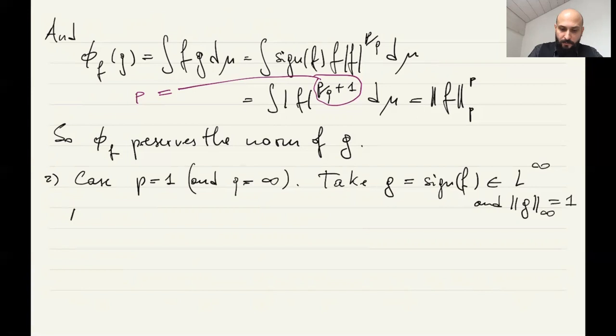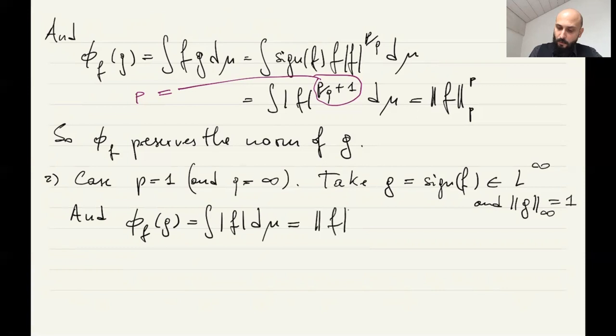What we have for this function is that phi f of g is equal to sine of f times f. This becomes the absolute value of f, which is equal to the 1 norm of f. So same thing, this g preserves the norm.